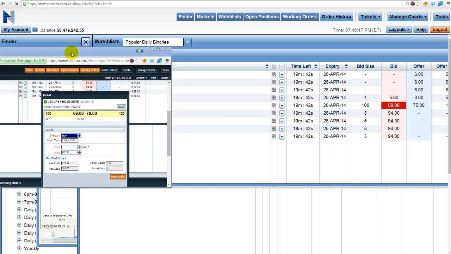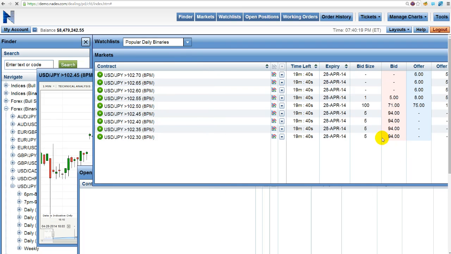Now let's flip it over. Let's look at the sell side. If I go over here to the sell side and I sell a contract, I'm saying this statement is false. Really simple.